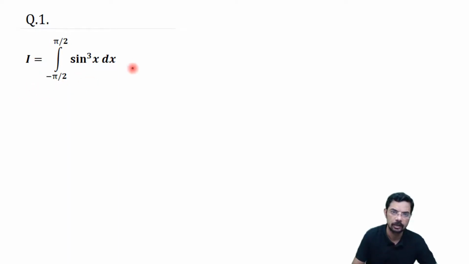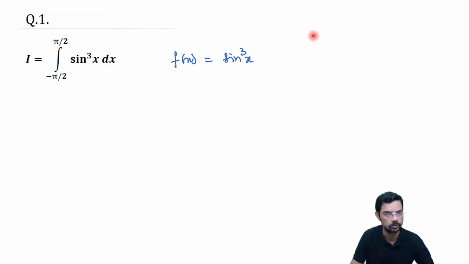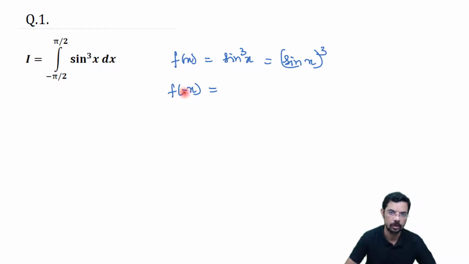First of all, f of x is given to us. What is f of x? F of x is equal to sine raised to 3x, or we can say sine x the whole raised to 3. Now we'll check f of minus x for even or odd.